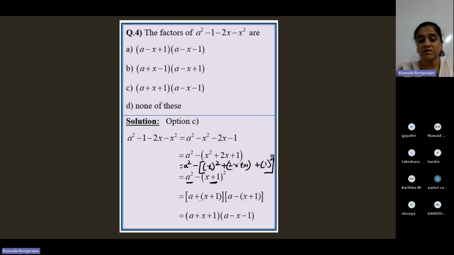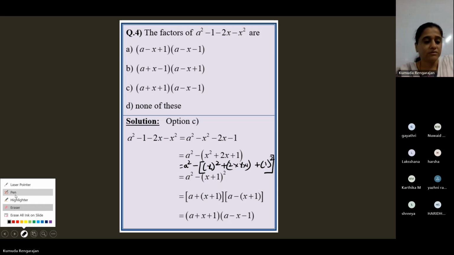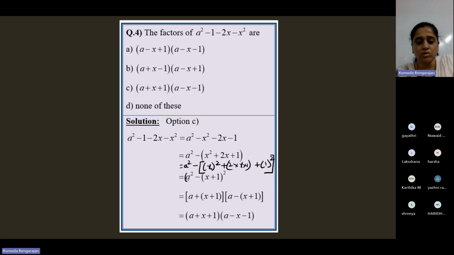This is of 8th standard. So see here, this is of the form a the whole square minus x plus 1 the whole square. So a square minus b square is a plus b into a minus b. Take off the squares and you can make out the a and b terms. This is a square, so take away the square: this is your a term.